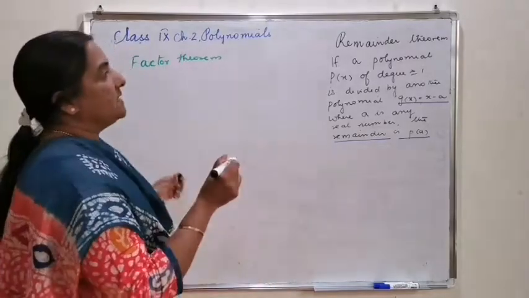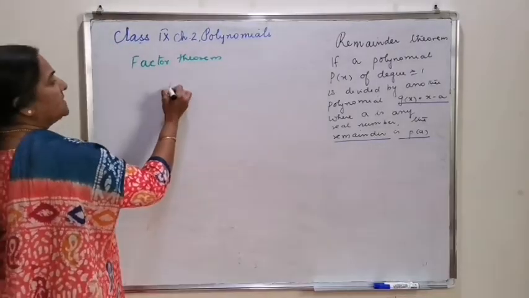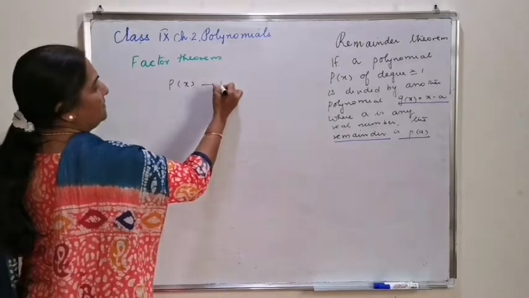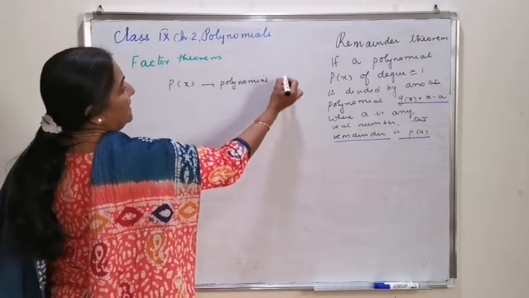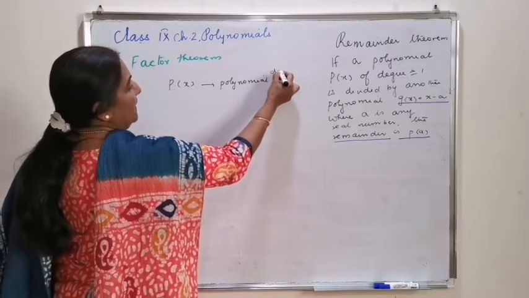The factor theorem states that let p of x be a polynomial of degree greater than or equal to 1.